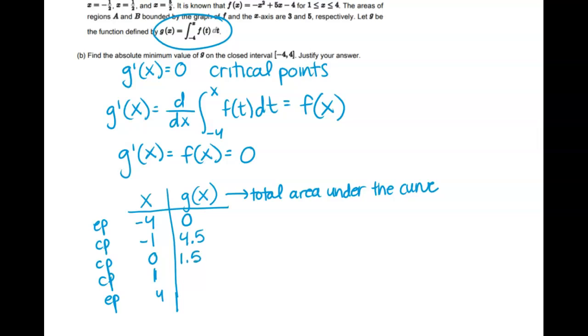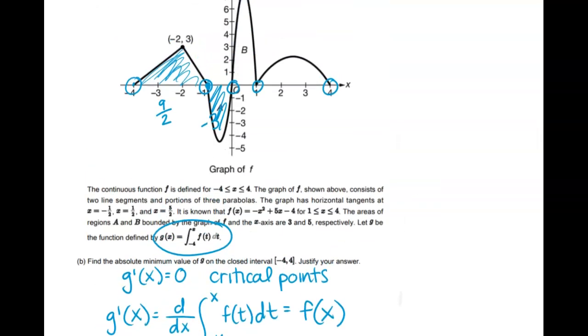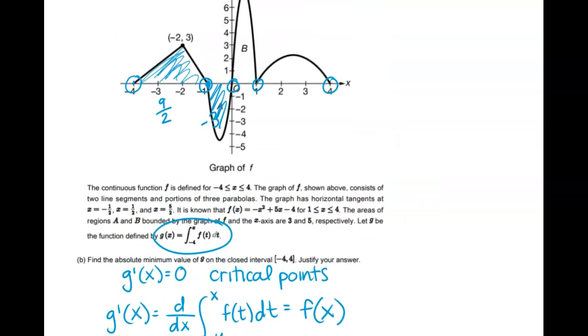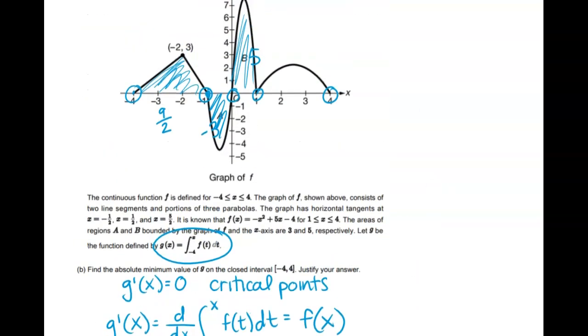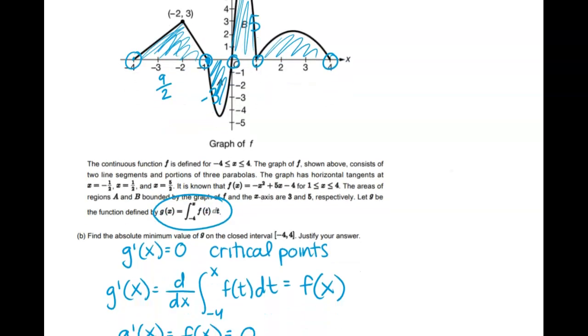Again, we're calculating the total area, basically starting at the endpoint and continuing. We get to 1, we're adding 5 to that. So we have 1.5, we add 5, we get 6.5. And to 4, we add that area, which we found on the other page.